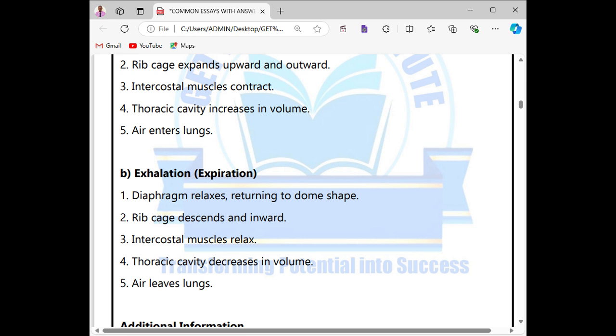Anyone? This question was asked during your presentations. What is the relationship between volume and pressure when you are breathing in, when you are breathing out? Are they directly proportional or inversely proportional?